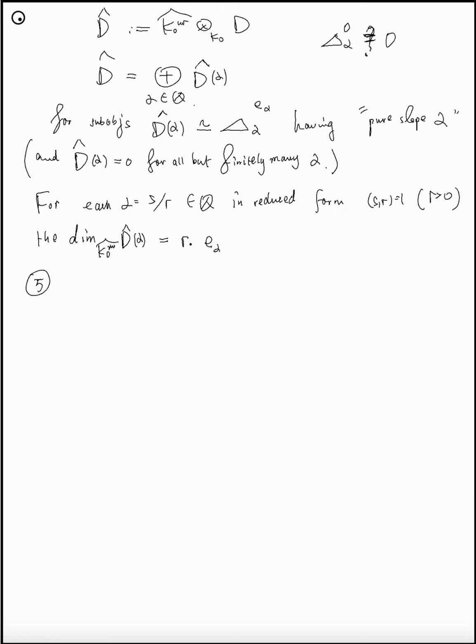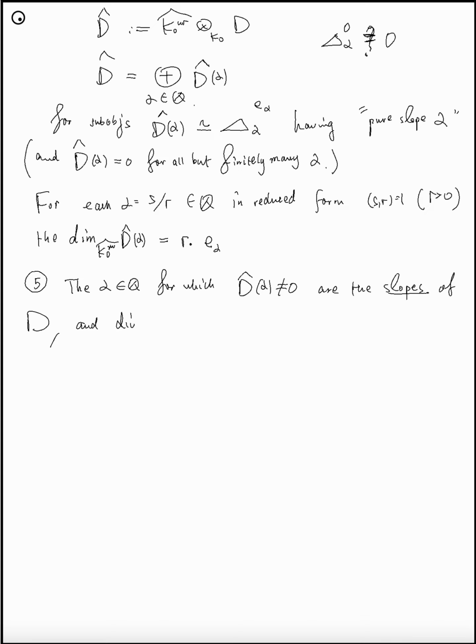So let's put remark 5. The alpha rational numbers for which D hat alpha is non-zero are called the slopes of D. And the dimension of D hat alpha over K0 unramified hat is called the multiplicity of alpha, or of this slope.